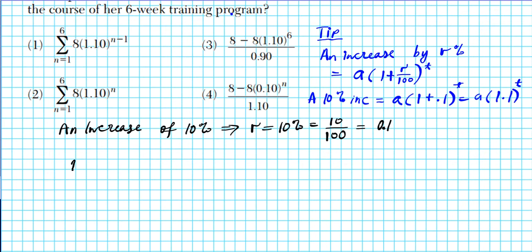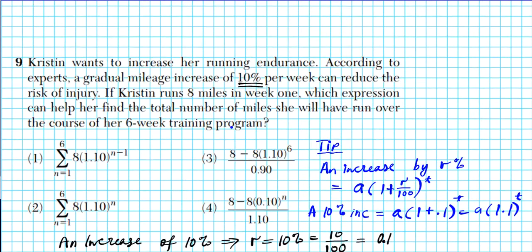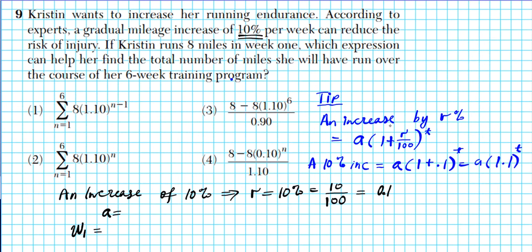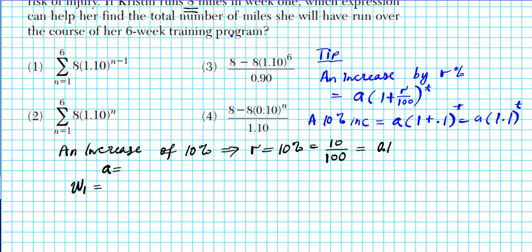So in her scenario, let's take a look at what we can do here. What happens in week 1? In week 1, the original amount for her A is how many miles she is starting with. She runs 8 miles in week 1, so that's her starting amount. So her A is 8. The rate of increment is 10% for each week.